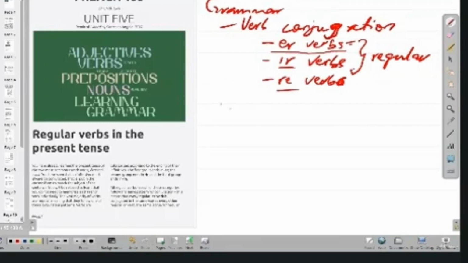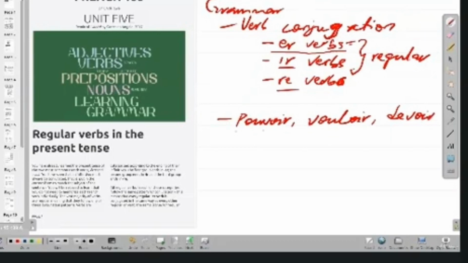Also, from the grammar perspective, we're going to go into sentence formation. We're looking at a few key verbs like pouvoir, to be able to do something, vouloir, to want to do something, to want to have something, and devoir, ought to, have to do something.